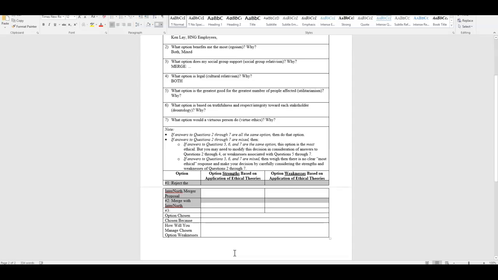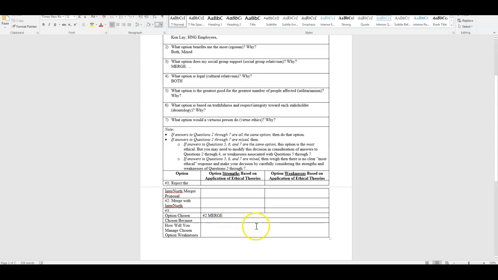In this case, let's just be hypothetical and say I'm going to decide to merge, because I like the idea of becoming part of the largest natural gas pipeline in the United States. And I have confidence in my own management skills that I'm not going to get fired if I'm Ken Lay. I'm a survivor. So I'm going to type in here, option chosen, number 2, merge.